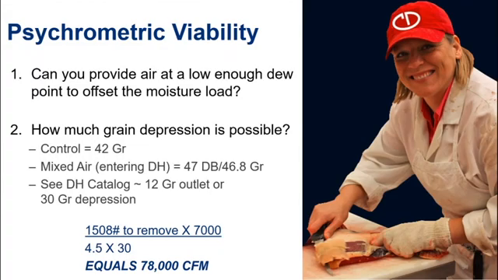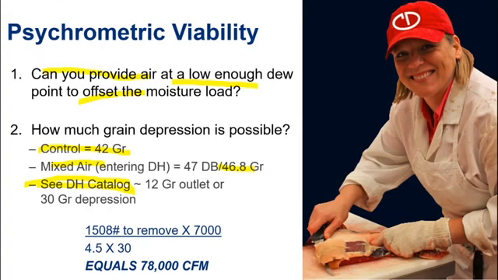How much grain depression is possible? We're answering the question, can we provide air at a low enough dew point to offset this moisture load? How much grain depression is possible? Our control level being 42 grains, that's what we're trying to get to. That's the return air coming into the system. We mix it with the outside air so we can get to 46 grains.